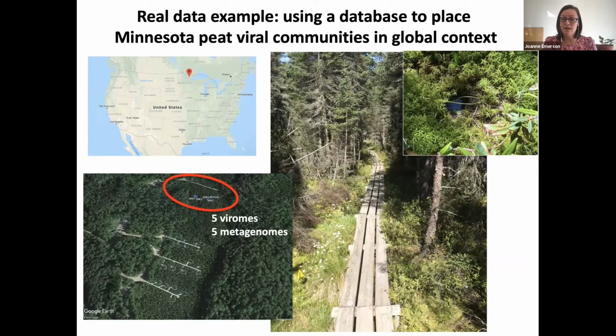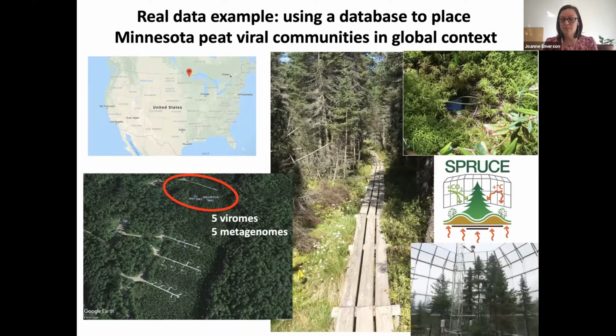But it turns out that the DOE has this awesome experiment associated with this site, and the JGI, in collaboration with some of our collaborators, had already sequenced 82 metagenomes from these experimental units where they were looking at manipulating carbon dioxide and temperature. So they had 82 metagenomes in combination with our 5 viromes and metagenomes.